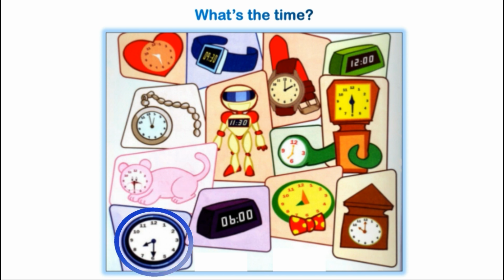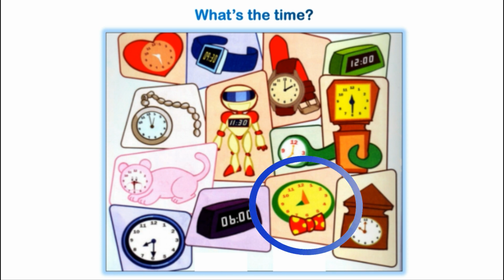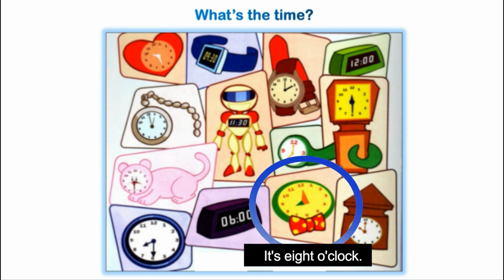Let's see the clock in the green color with a ribbon. The short hand, which is in green, shows number 8. And the long hand, which is orange in color, shows number 12. It means 8 o'clock.